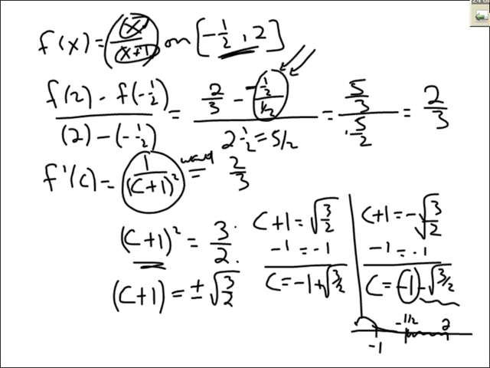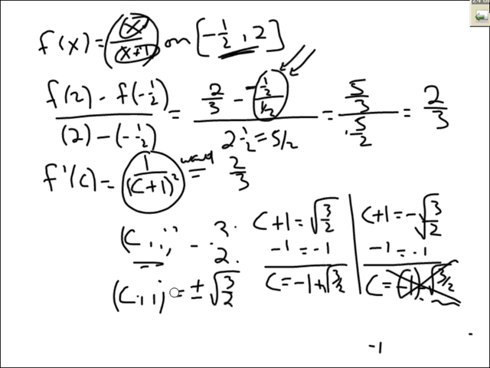If you take away a little, if you take away a lot, if you take away more, you won't be in between negative 1/2 and 2. So this one is rejected, which means the other one will be there. But let us convince ourselves of that. Let us be very rigorous about it.